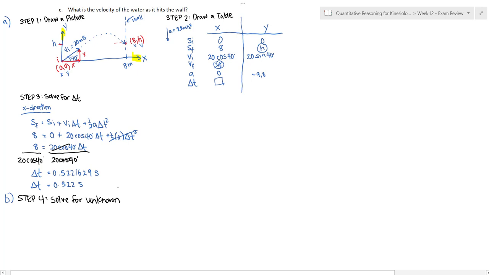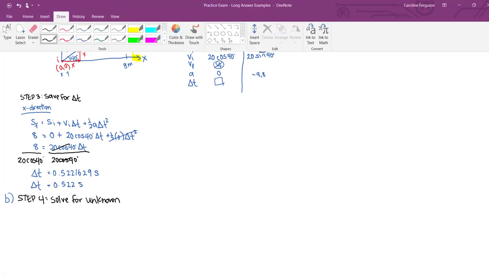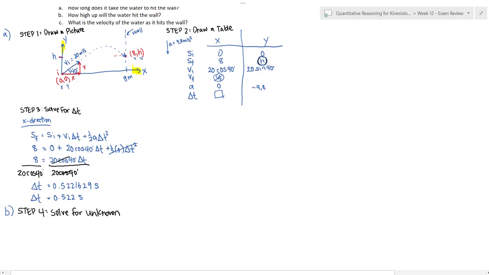So what's our unknown? It was this h over here. And that's what part B is asking us for. How high up will the water hit the wall? So now we're moving on to the y direction. And we're going to choose a kinematic equation so we can solve for our unknown, which is h. And notice again, we found what delta t was.